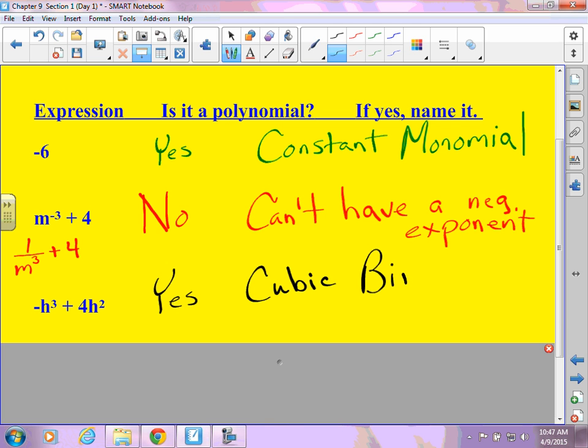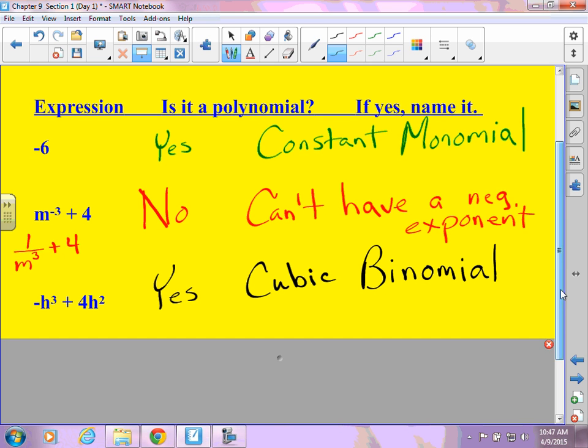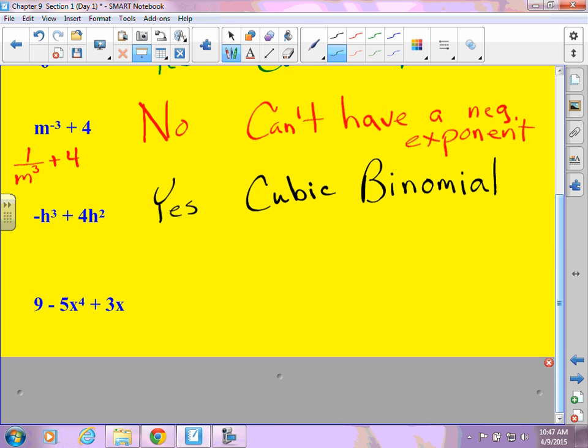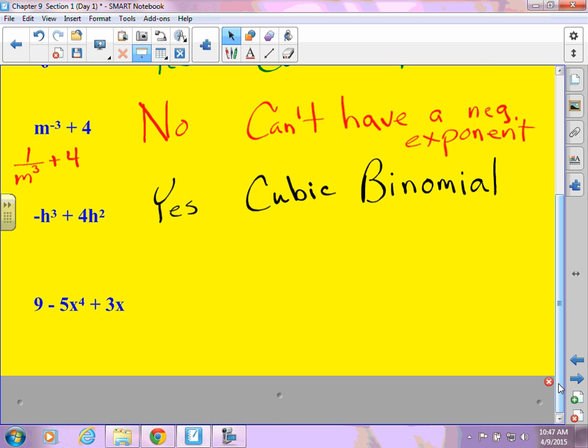Okay, let's take a look at this one. Is it a polynomial? Yes. Is it in standard form? No. So we need to put it in standard form. What would be the first term? Yep. Negative 5x to the 4th, and then plus 3x, and then plus 9.